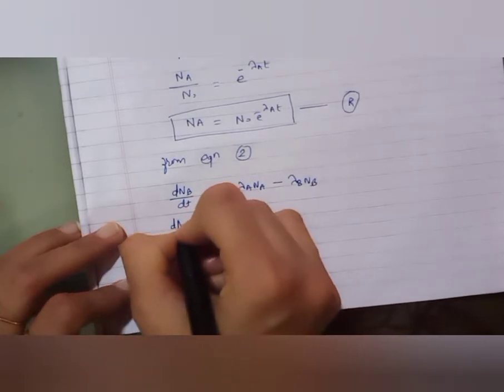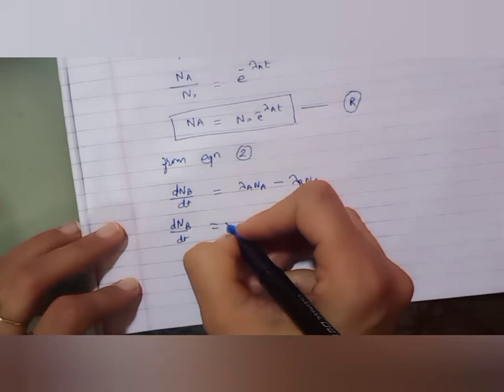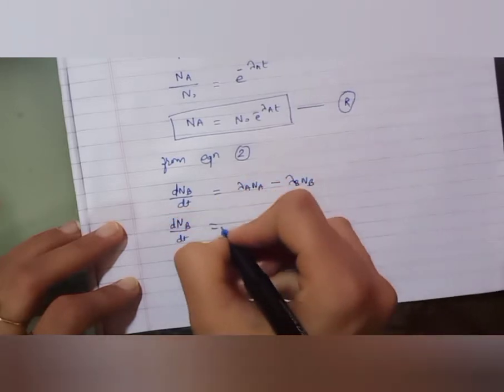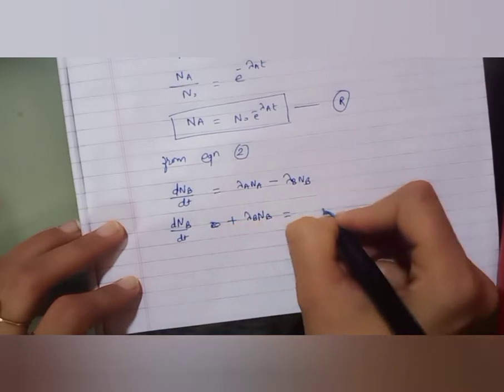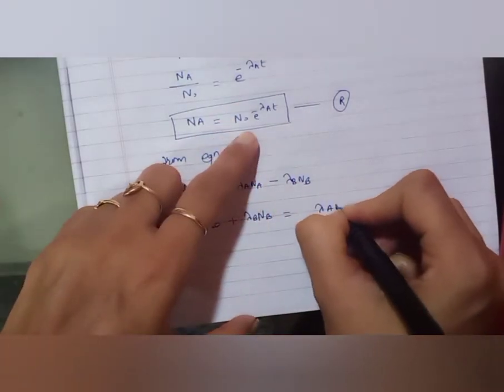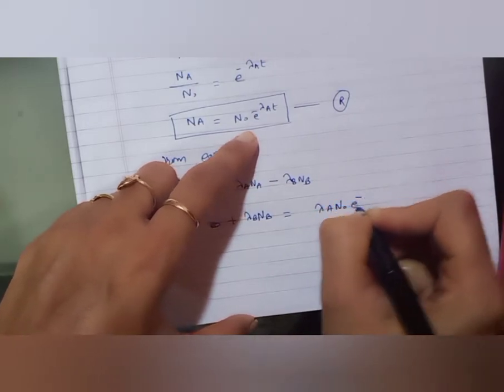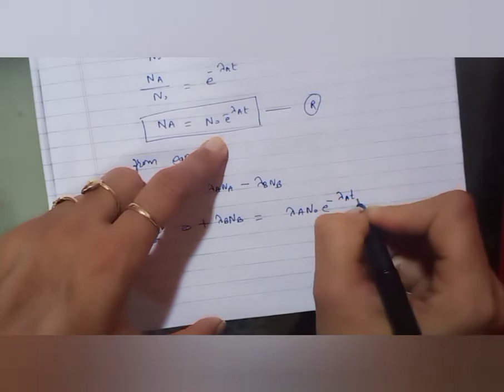Shifting lambda B Nb to this side, I get dNb upon dt plus lambda B Nb equals lambda A, and substituting Na equals N0 e raised to minus lambda A t.